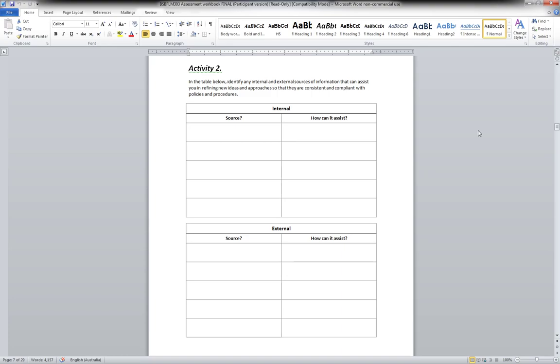And really what that question's asking is, what sources of information can you use that can ensure that you're on the right track? So, how do you know whether you're doing your work, you're performing your tasks and your duties in a way that's compliant with your legislative requirements, that's compliant with your organizational requirements and your management requirements? Well, what are some of the internal ones?